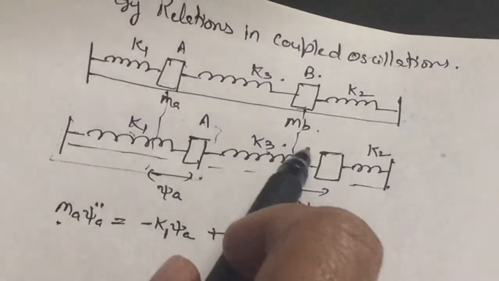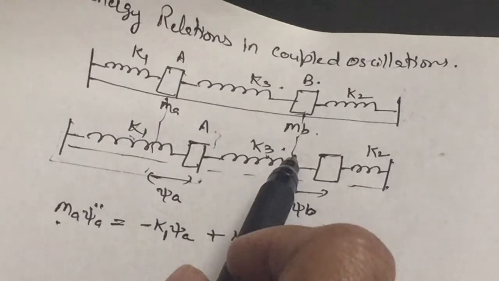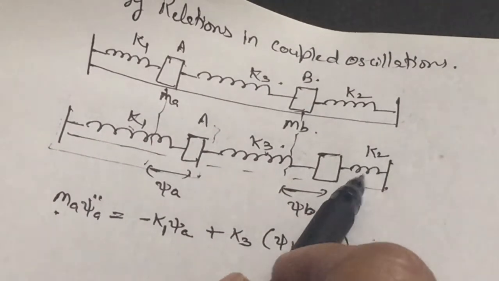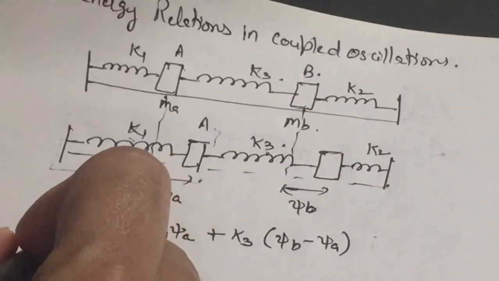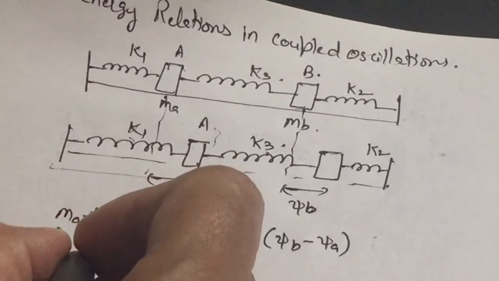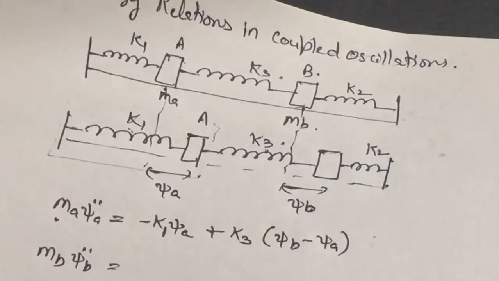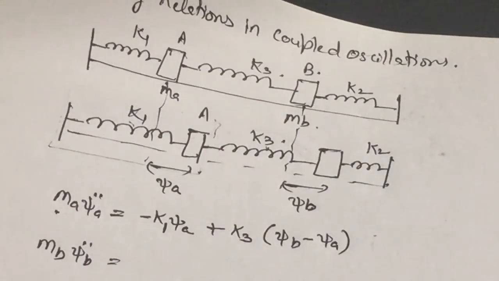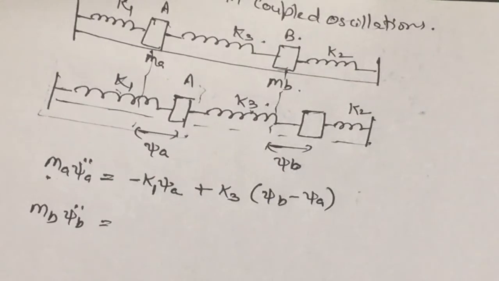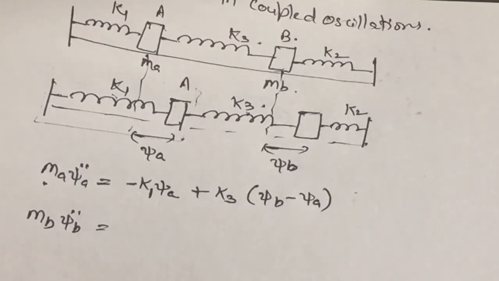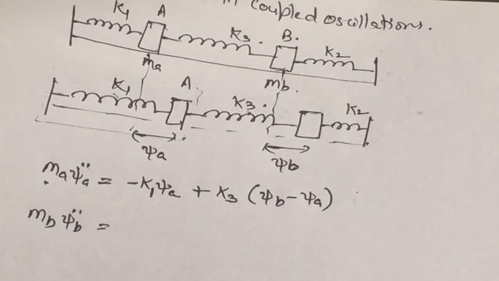Similarly, if the coupling spring is absent, we can write the equation of motion for the second particle like this: mB psi B double dot, that is the acceleration. If we differentiate the displacement two times with respect to time, then we will get acceleration.